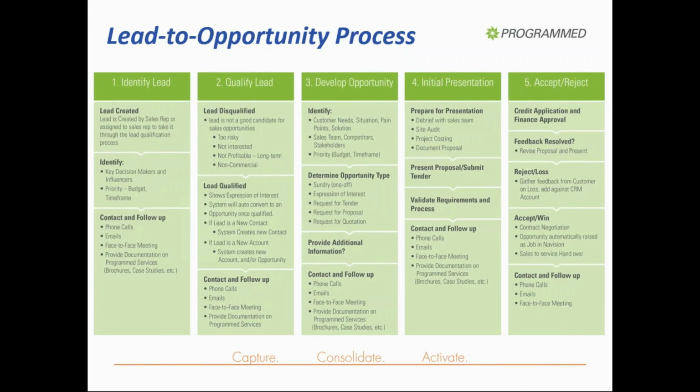Obviously the significant ones, not every single activity. I'm not going to go through the steps here, but it's there to be reviewed at your convenience. You'll find that this 5-stage sales process sits above the lead and opportunity form in CRM.